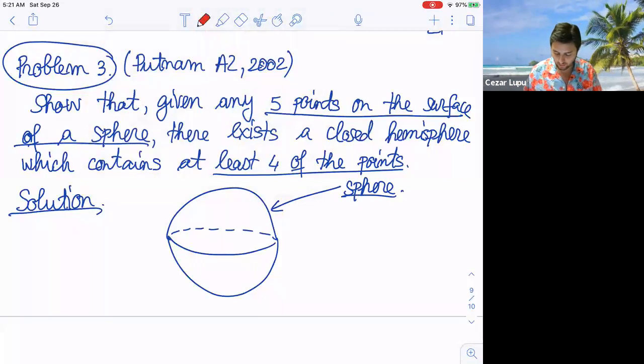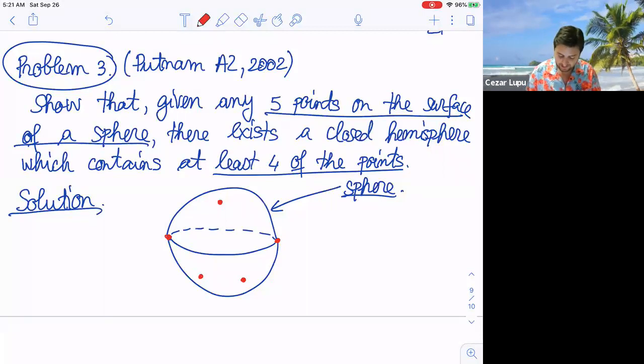In fact, I'm going to pick 2 points here, but it doesn't really matter. Let's say I have another. You see, anywhere I draw, there will be at least 4 of them in one hemisphere. Well, I tricked you here. What I'm going to do is divide the sphere into 2 hemispheres by choosing a great circle that passes through any 2 of these points, just like I did here.